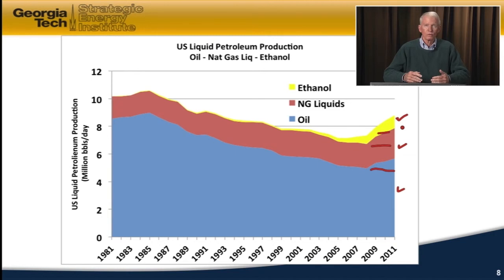However, we've noted before, a barrel of ethanol does not contain the same amount of energy as a barrel of oil. So you shouldn't really be adding those together on a one-to-one basis. It takes about 1.7 barrels of ethanol to displace 1 barrel of oil. So we really ought to be cutting the ethanol production by about 40% to be exact, before we add it to the oil production.